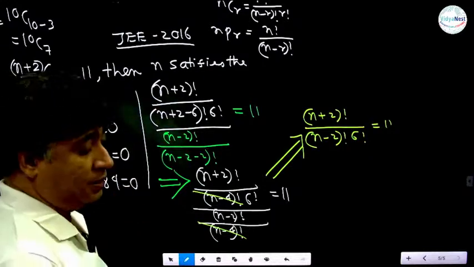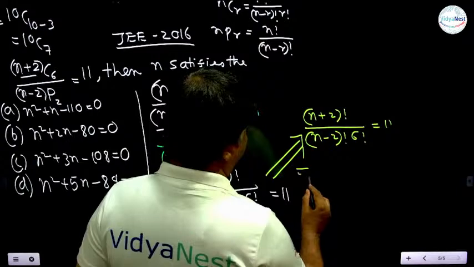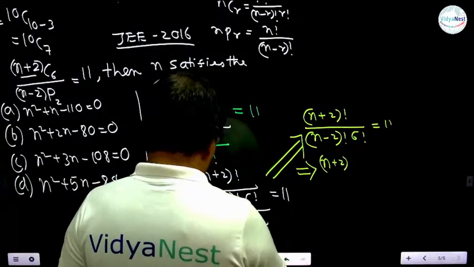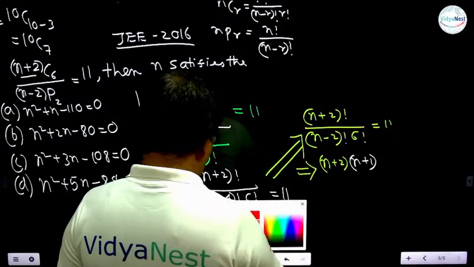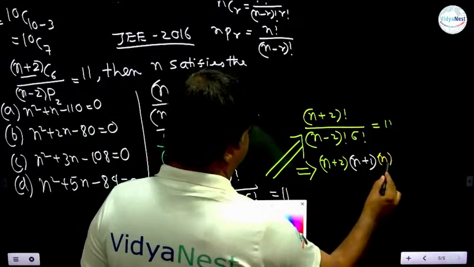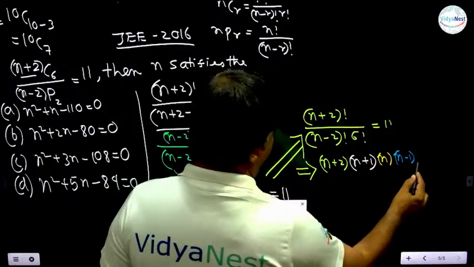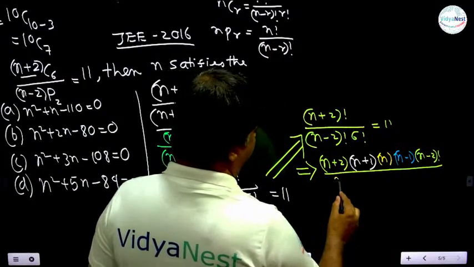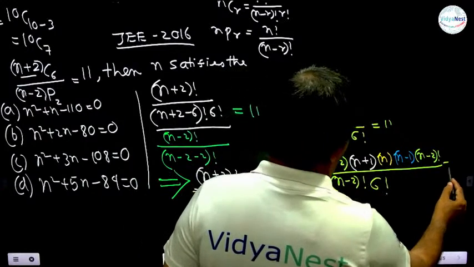Now, how to simplify it? You observe, n plus 2 is the previous term, n plus 1 is the previous term, n the previous term, n minus 1, and that is equal to 11.